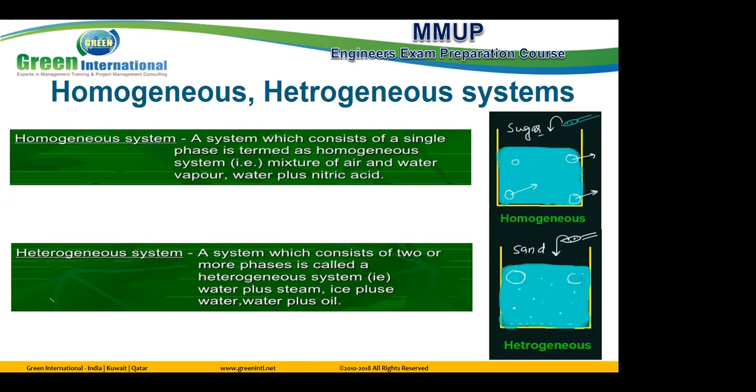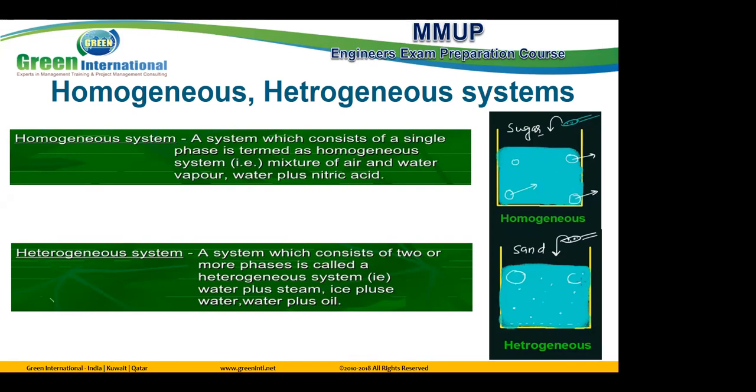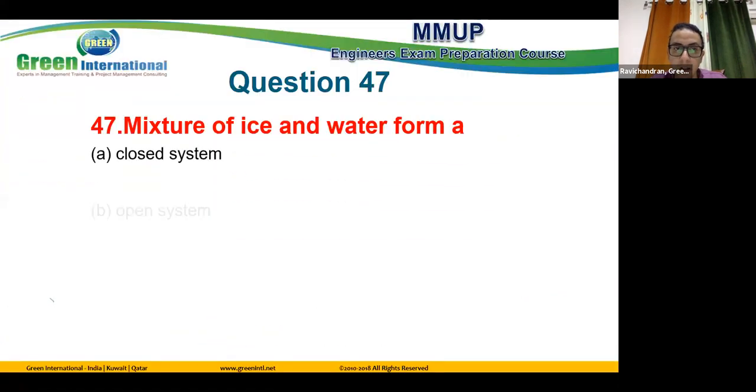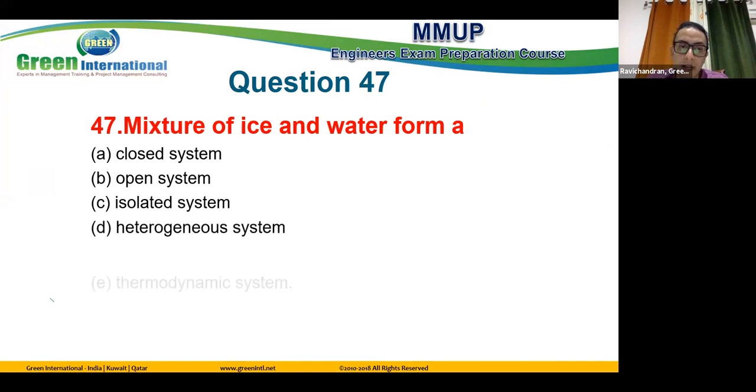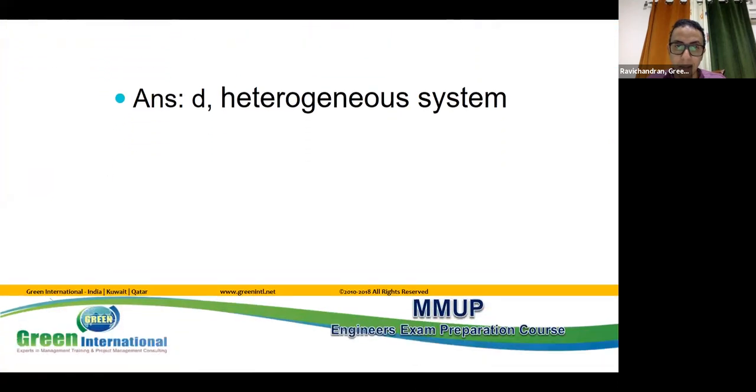A heterogeneous system has more than one phase, two phases or more, for example sand and water, or ice and water. So a mixture of ice and water forms a heterogeneous system. D. Yes, exactly.